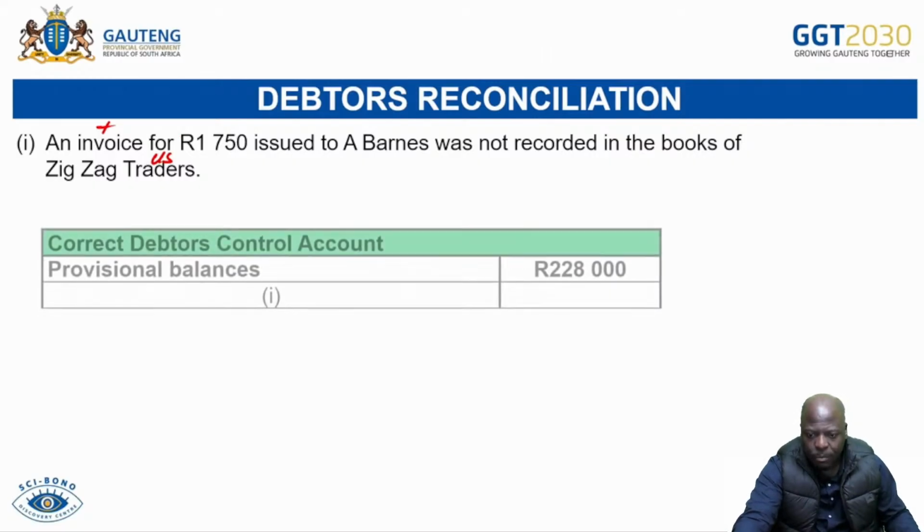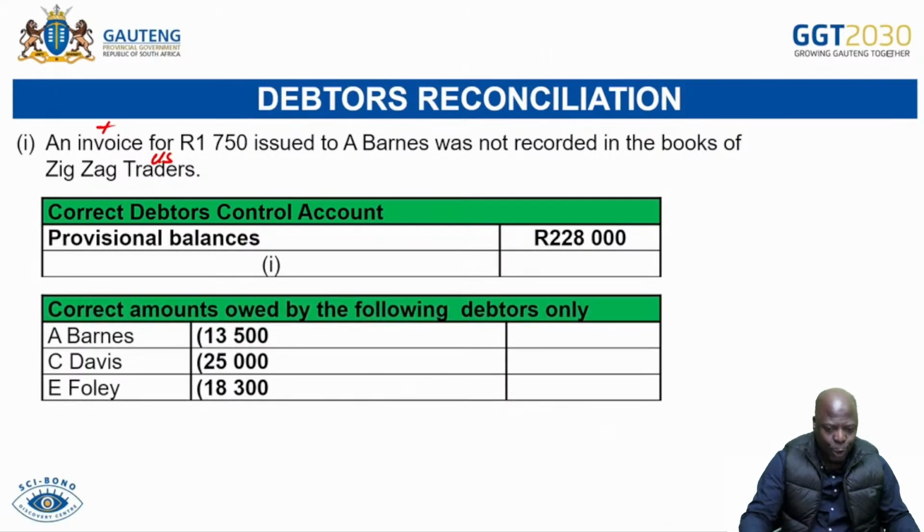If that amount is not recorded in our books, it is nowhere. If it is nowhere, you need to record it in both the control as well as the list. So it's an invoice, a plus amount that has not been recorded.